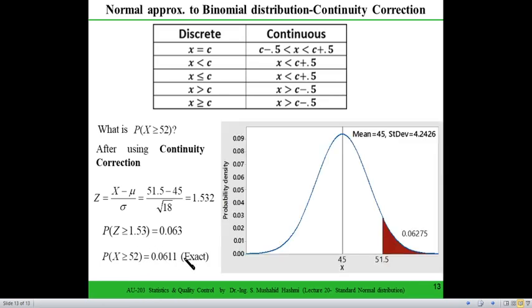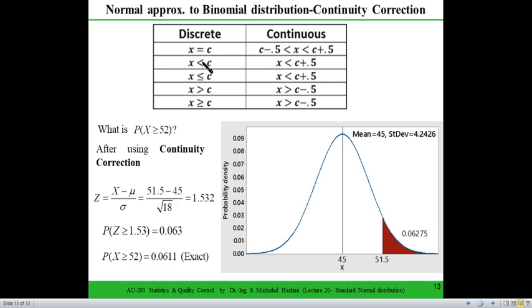So due to this continuity correction, the value of a discrete random variable can be approximated using a continuous random variable represented by a normal distribution. With this continuity correction, instead of calculating from 52, we calculate from 51.5.